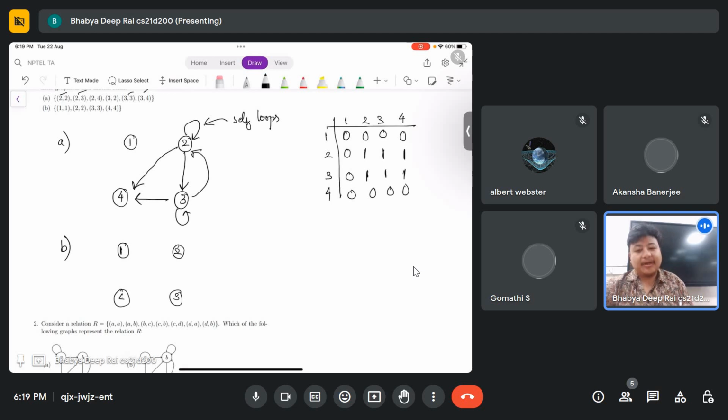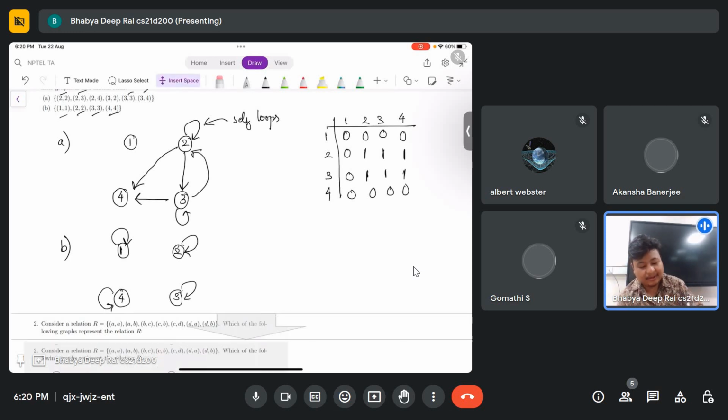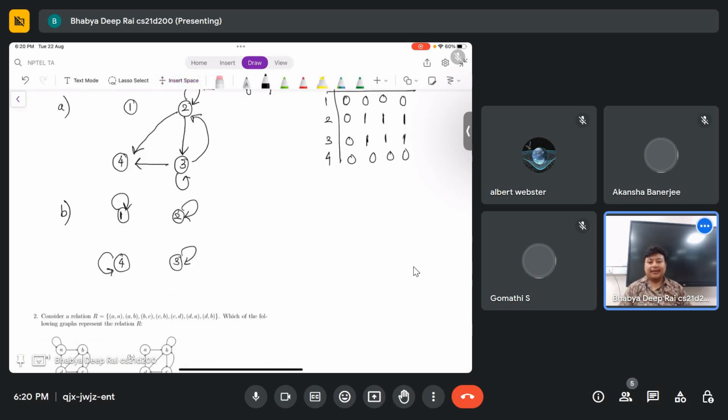I make a vertex for each element in set A. Now there is a relation from 1 to 1, from 2 to 2, from 3 to 3, and 4 to 4. And can you describe to me what the matrix would look like in this case?